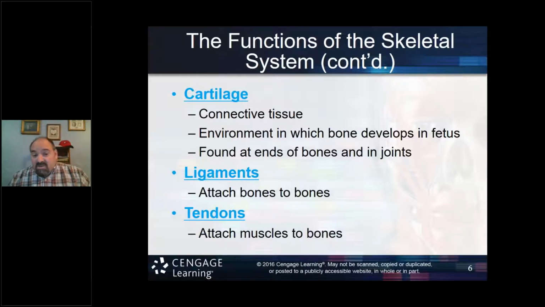Elastic cartilage, remember, we think of the E's. We think of the external ear, for which we use two terms, the auricle and also the pinna. Those are two terms used for the external ear, which is elastic cartilage. The eustachian tube, also known as the auditory tube, which equalizes the pressure in the middle ear, is elastic cartilage.